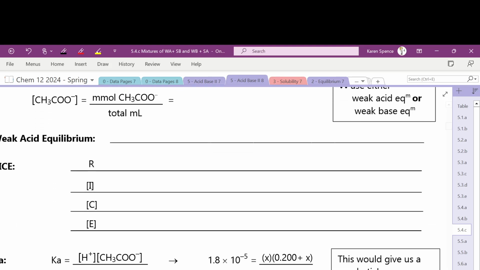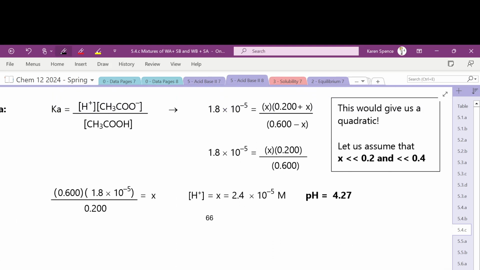So, and I'm just going to put this at the bottom here, as long as one of the reactants is strong, the reaction will go to completion.